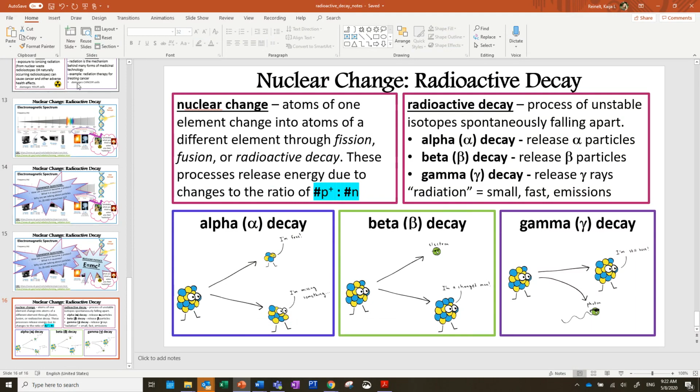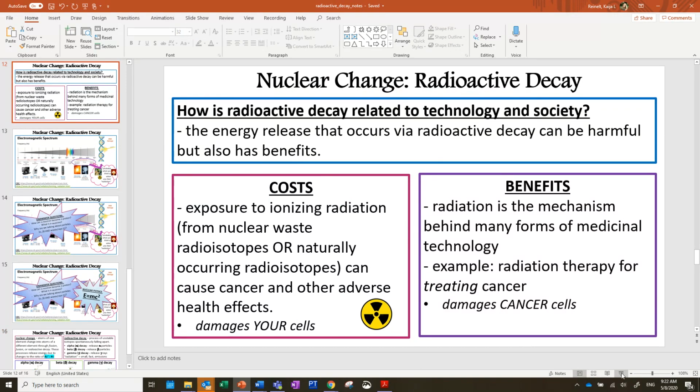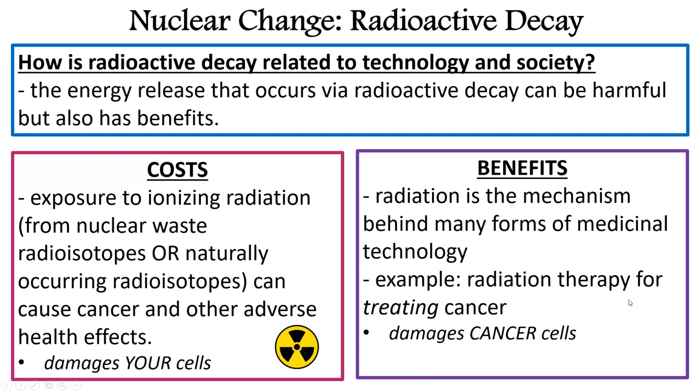The last thing, again, sorry, my slides got out of order, is to just bring it back a little bit from radioactive decay to technology and society. So when we think about it being harmful or beneficial, it's that energy release that occurs via the radioactive decay that is harmful but also can have benefits.